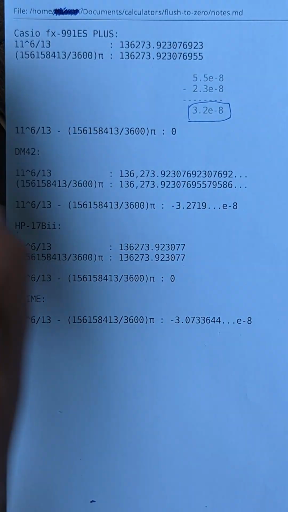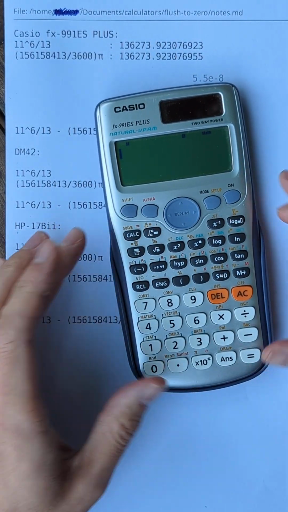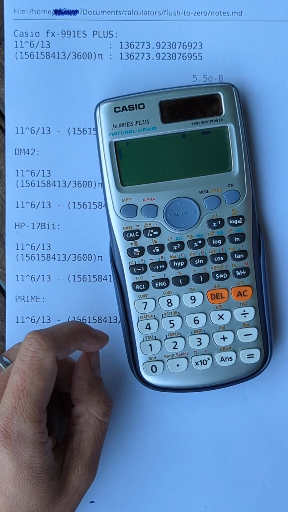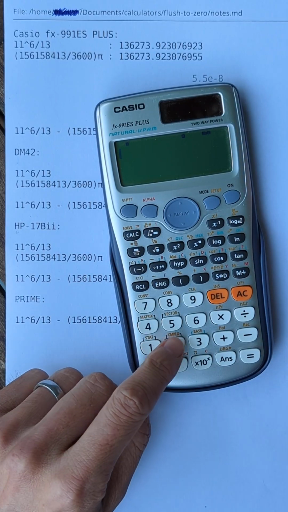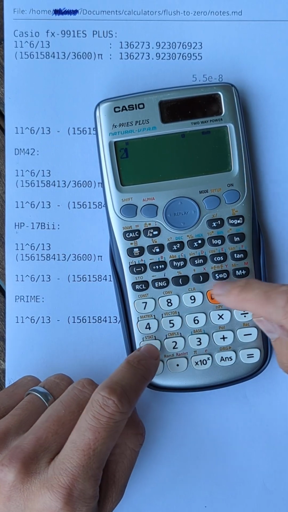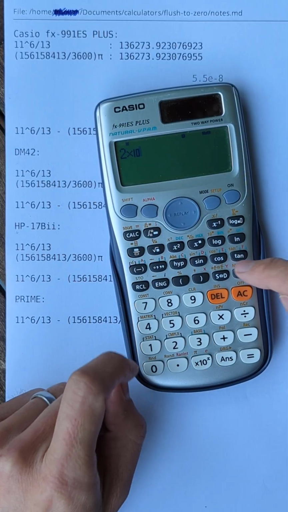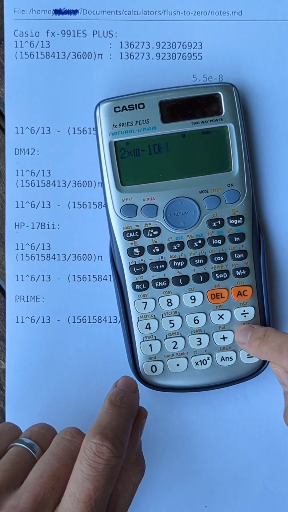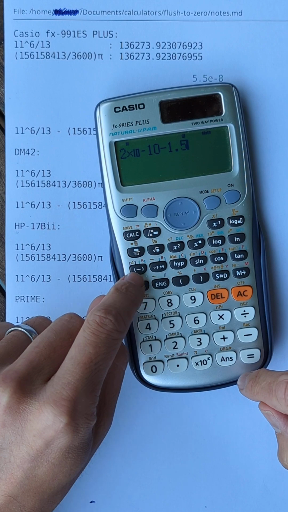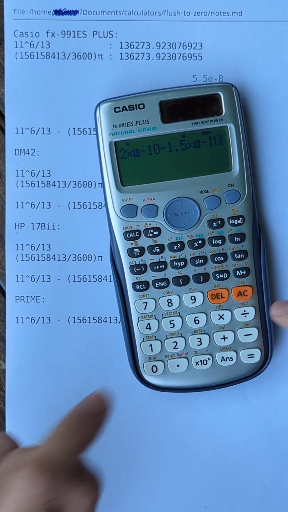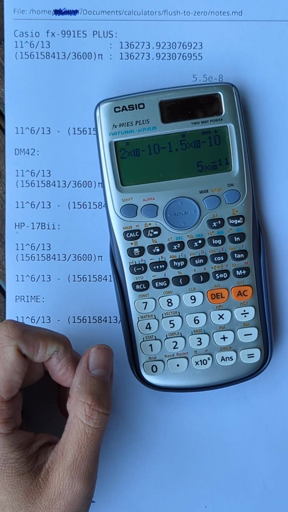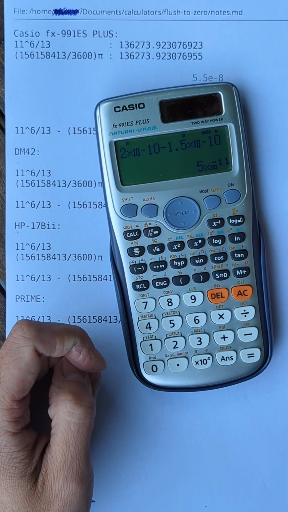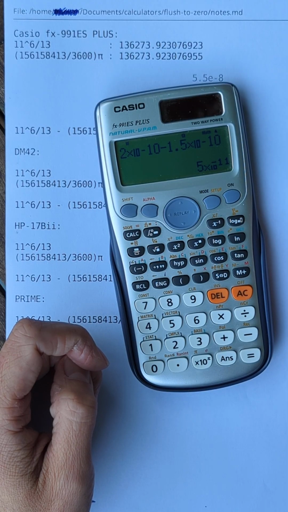Whereas this Casio is essentially flushing to 0 when you subtract numbers that are fairly close. It can subtract a small number, because you could do 2 e to the minus 10 minus 1.5 e to the minus 10, and a subtraction can still give you a small result, but not if you have big numbers on either side of that subtraction, if that makes sense.